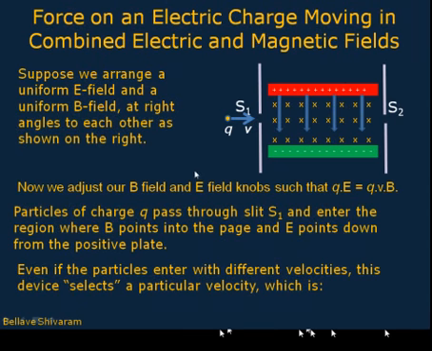So the condition we want for the velocity selector is that V, the velocity of the particles, be equal to E over B. So the magnetic and the electric fields, perpendicular to each other, have to be arranged so that their magnitudes satisfy this equation.